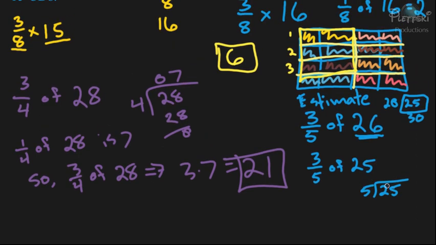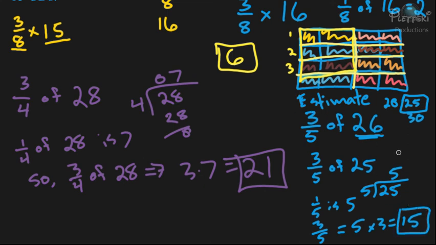That will give us 1/5. So 1/5 is 5. So 3/5 is going to be 3 times 5, which is 15. So we can say that 3/5 of 26 is close to, or approximately, or about 15.